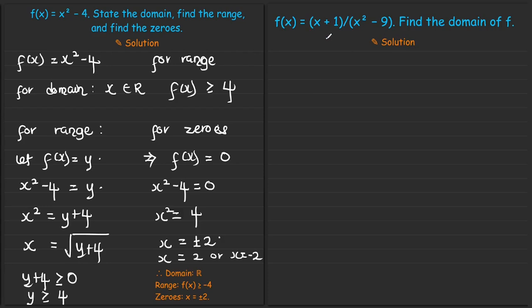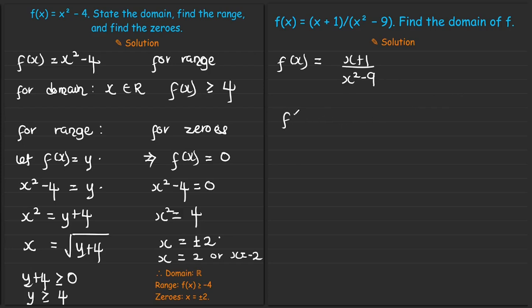The domain this time around is not a linear one, such that we could easily say the domain is all elements of R. In this case, there are some values of x that will not make it possible for this to work, and especially that is the denominator. So we would have to set the denominator to 0.